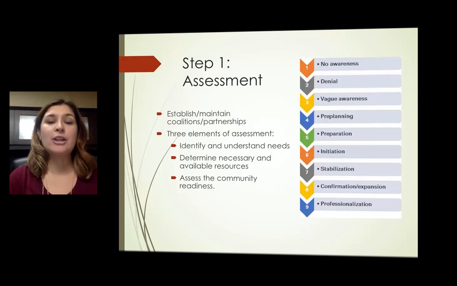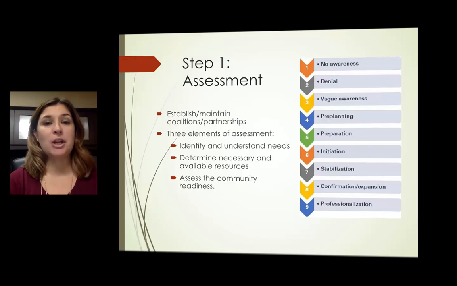for change. When you assess the community's readiness for change, you determine which of the 9 categories it falls into. This can range from no awareness or possible tolerance for substance use in the community, denial of a substance use issue, vague awareness around the problems, a pre-planning stage of beginning to implement, preparation, initiation, stabilization of the problems in the community, confirmation and expansion, and professionalization.